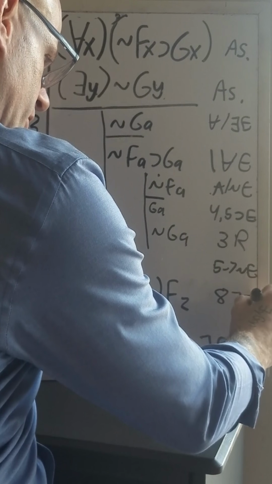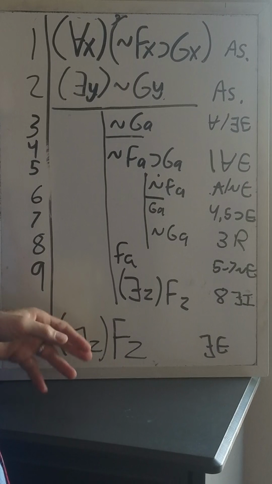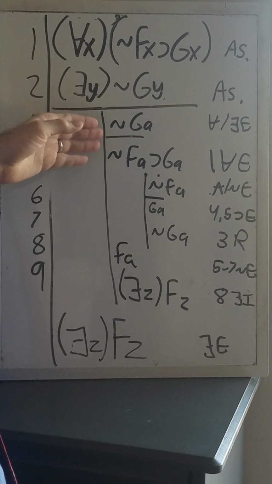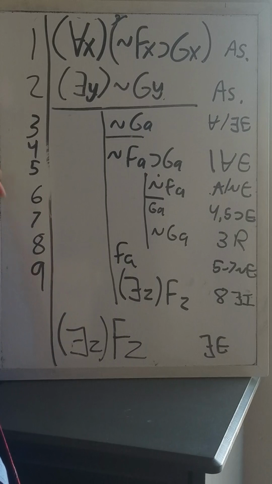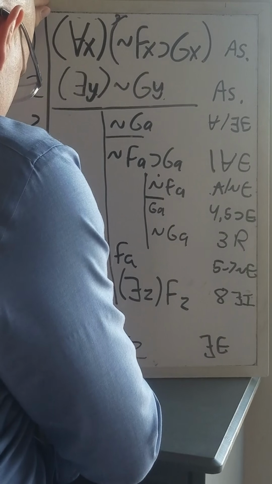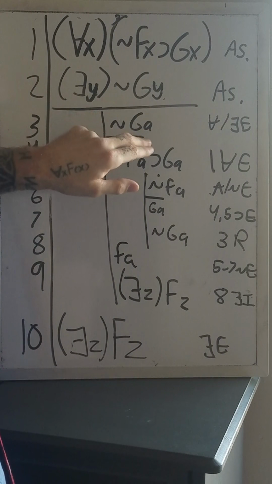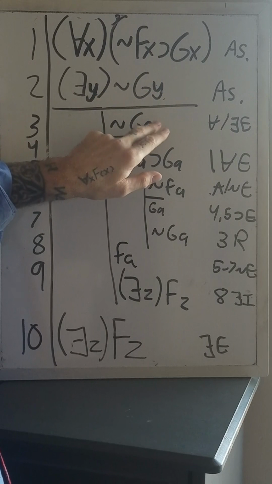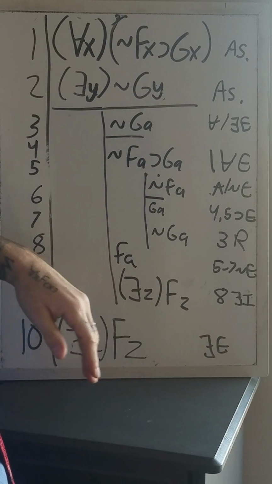existential introduction, okay? And now we can go ahead and close this out using existential elimination, okay? Which is why we started this whole subderivation. And what we've done is we've shown if we took this existentially quantified formula, we made an assumption where we replaced the bound variable with a constant, we could eventually derive some conclusion.